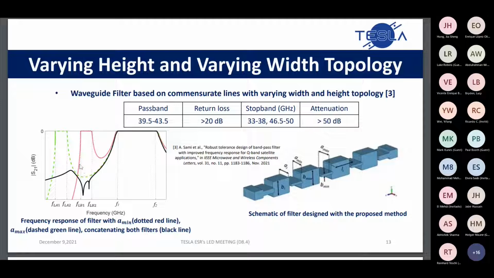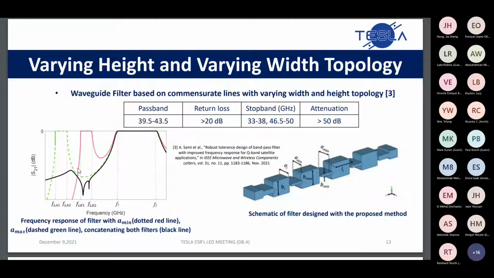And then we designed another filter with a larger width, and the frequency response of the filter is given here in the green curve. And then we concatenated both the structures, and we obtained another response, which is given here in black with a suppressed low pass response. So this is one advantage of this topology.